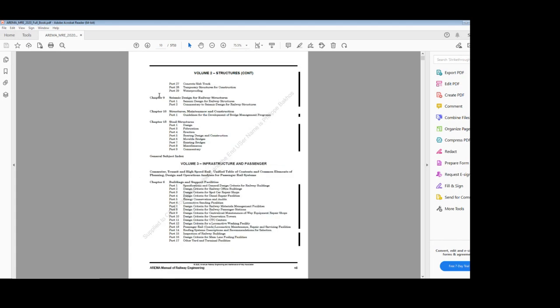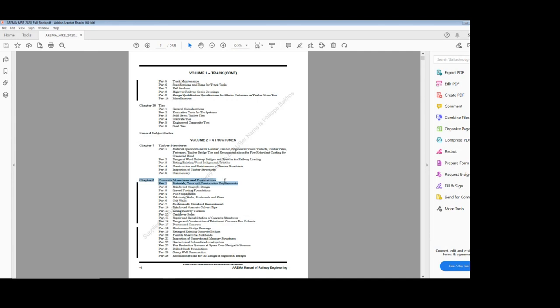For seismic, basically we need to follow this chapter, but in our DBR they have used the Euro standard for seismic design of structures. So this is not very important for us right now, but the concrete chapter is much more important.